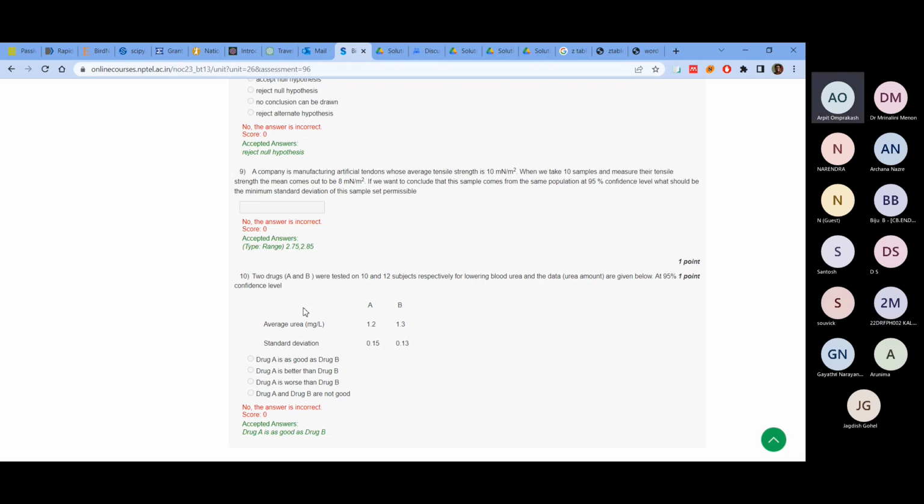I don't think so. From the t-test, you can only get one of the first three options. Thank you.